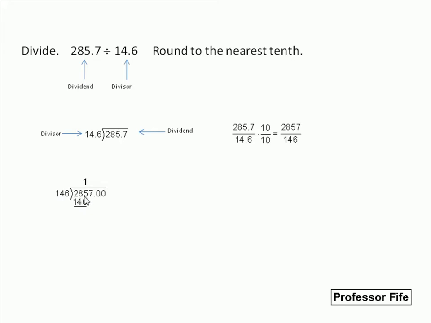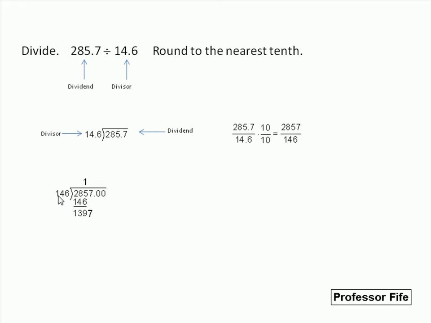That lines up underneath the dividend. When you subtract 146 from 285, you get 139. And that's our first step in division. And then you want to carry down the next digit, carry down the 7, and then repeat the division.